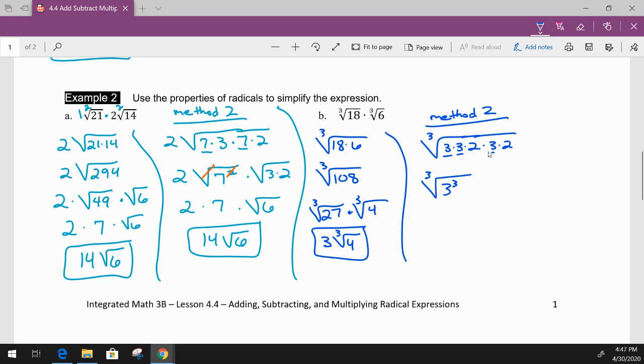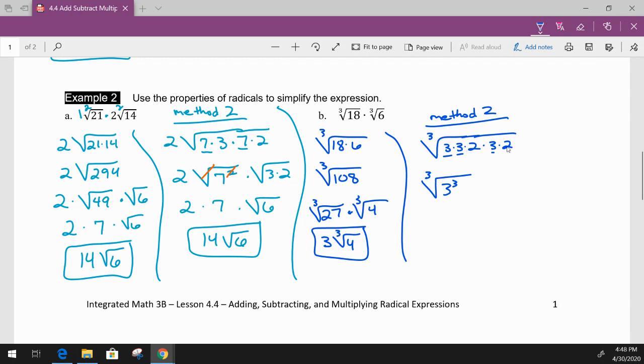The other method of simplifying this radical, and again, it kind of depends on how big your numbers are what method you choose, but instead of multiplying the 18 and 6 together to get 108, I factored the 18 into my prime factors. So 18 can be factored into 3 times 3 times 2, and then 6 can be factored into 3 times 2.